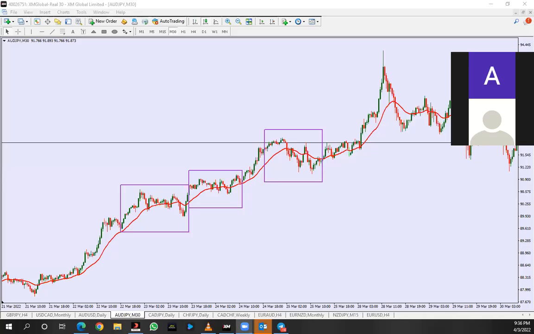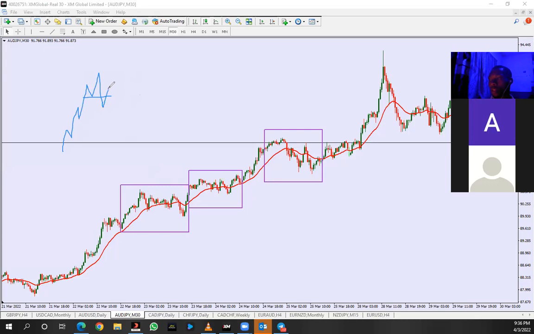I'll make use of a bearish example. Price can go up, up, up, break the market structure here, then continue the move down.